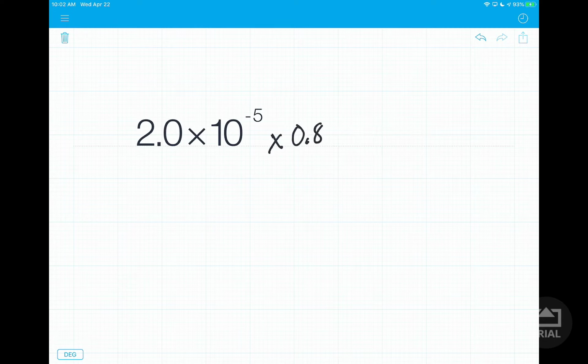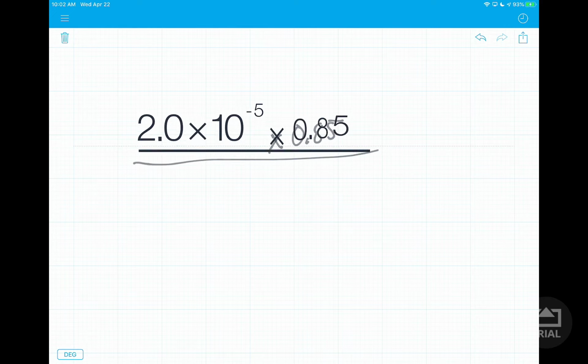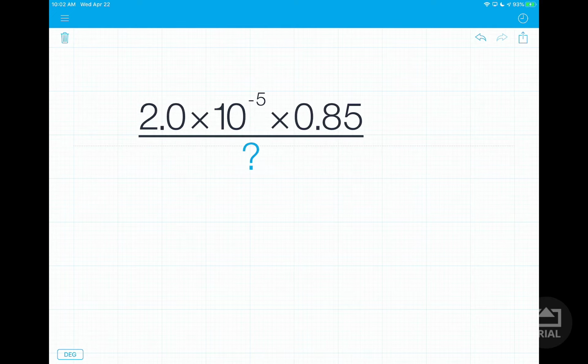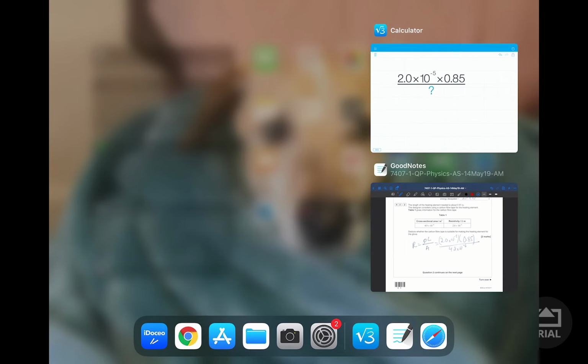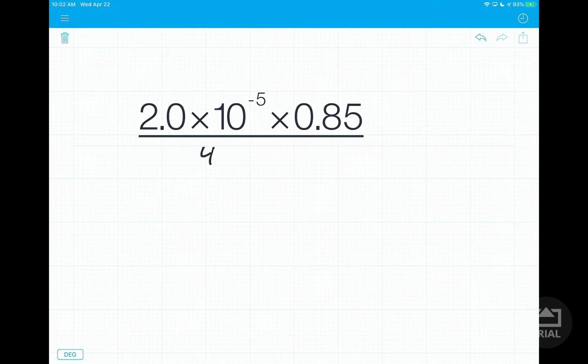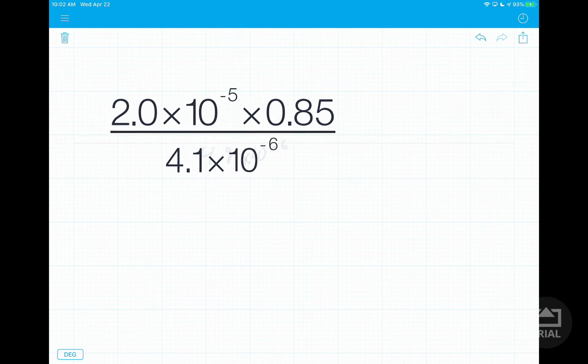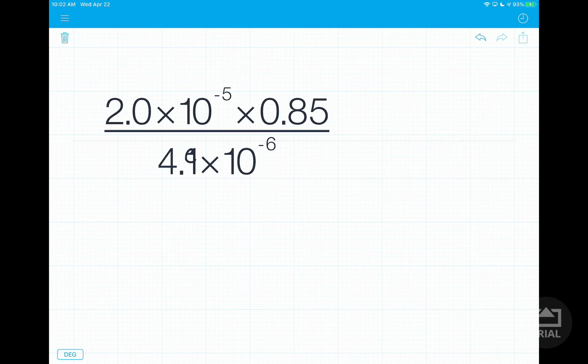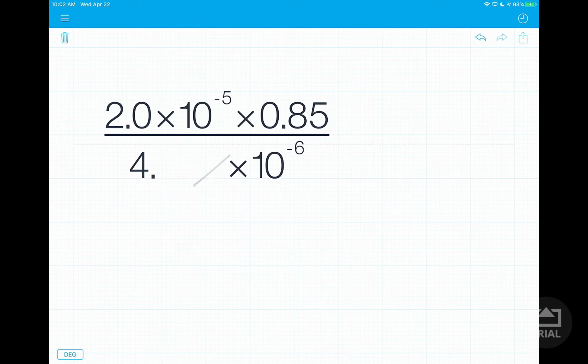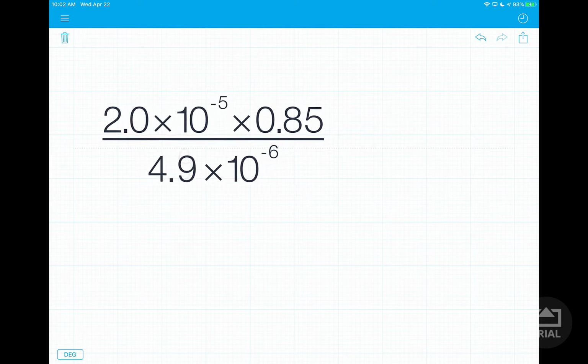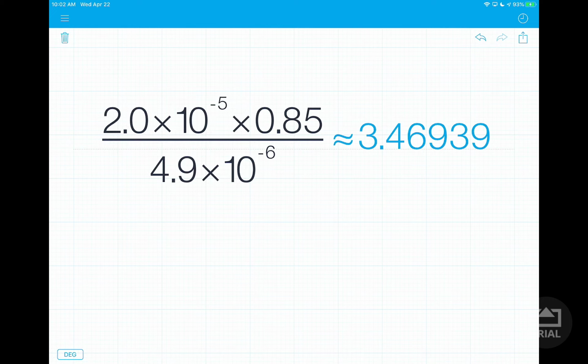Okay, 0.85 divided by 4.9 times 10 to the minus 6. You can see this program likes my handwriting about as much as you guys do.